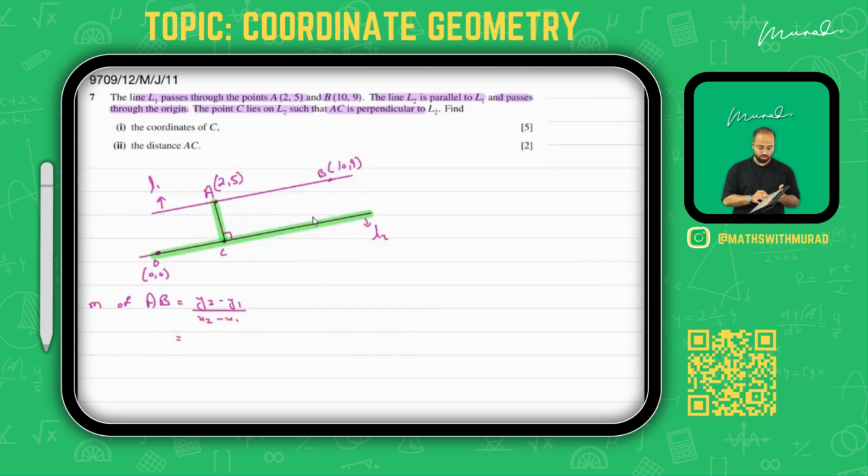Because I'm writing AB, y2 is 9 and y1 is 5, then x2 is 10 and x1 is 2. So finally you have 9 minus 5, which is 4, over 8, and the gradient of this line is 1/2. Obviously, because this line is parallel, the gradient of this line will also be 1/2.